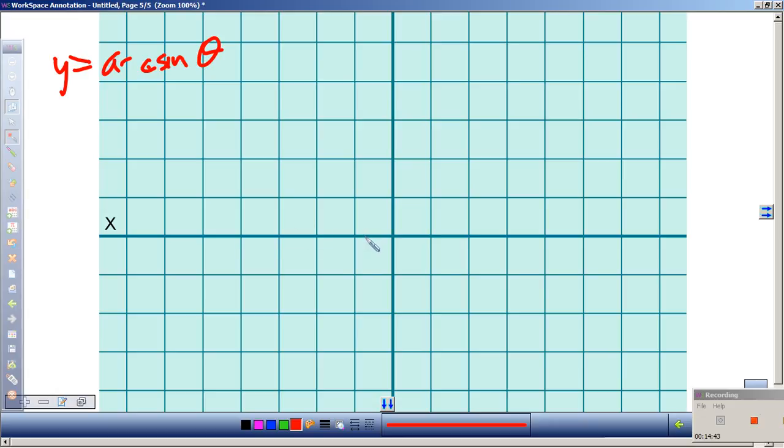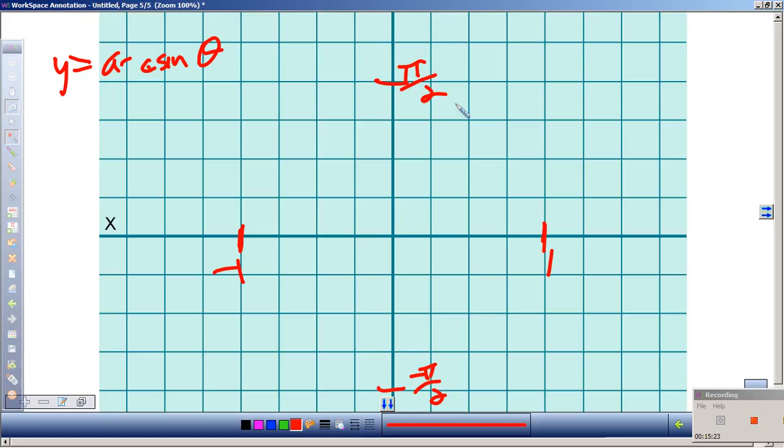The domain, yeah, -1 to 1, sorry. So negative 1 to 1. What's the range? Negative pi over 2 to pi over 2.